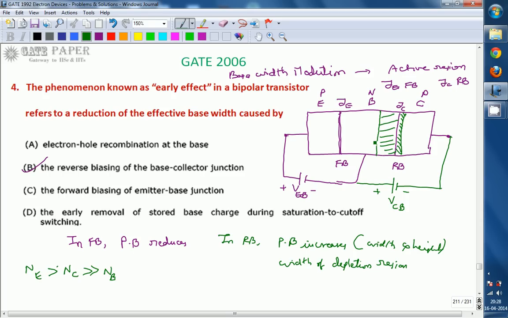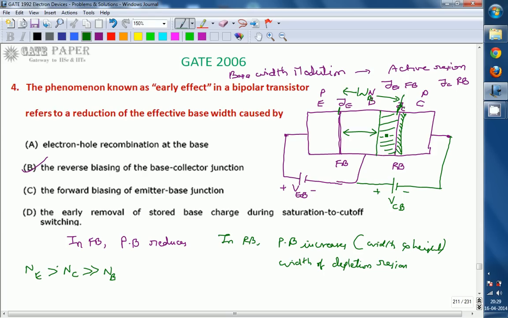Under open circuit, the metallurgical base width is WB, the width from the emitter end to the collector end where the majority charge carriers of the base are present. Under reverse bias of the collector base junction, the majority carriers are effectively present only in this portion, because the depletion region doesn't contain mobile charge carriers.